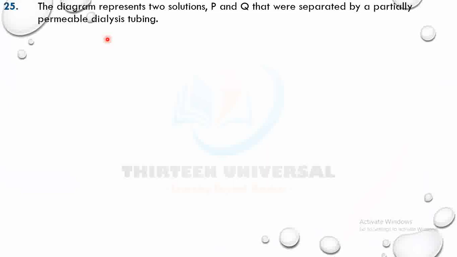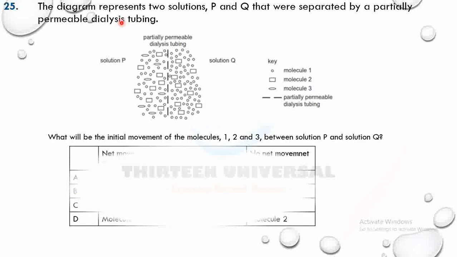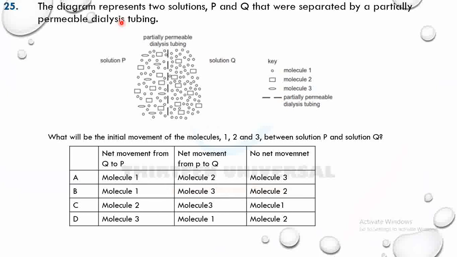All right, look at this. The diagram represents 2 solutions P and Q separated by partially permeable dialysis tubing. What will be the initial movement of molecules 1, 2, and 3 between solution P and solution Q? I'd like you to try the question.